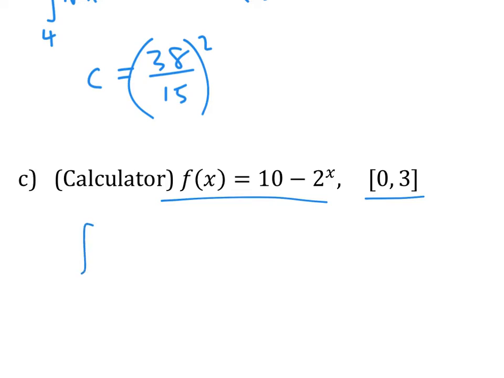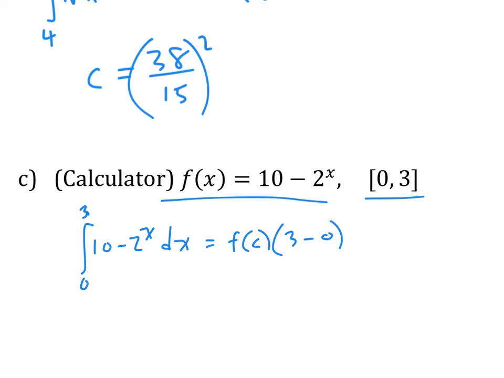So let's set it up first. The integral from 0 to 3 of 10 minus 2 to the x dx is equal to f of c times 3 minus 0. This is going to be a little crazy because you have to find x from 10 minus 2 to the x. If you're stuck on finding x, please let me know. It's just after the calculus part, that's all algebra.